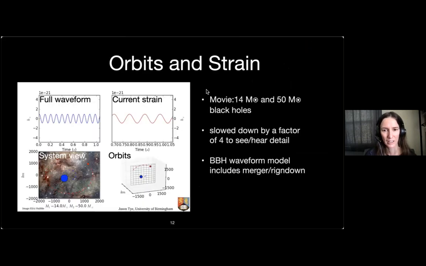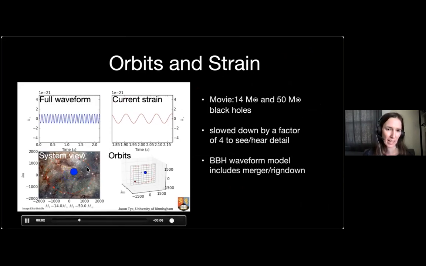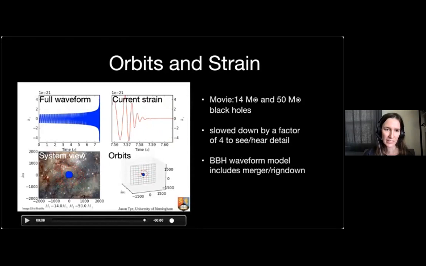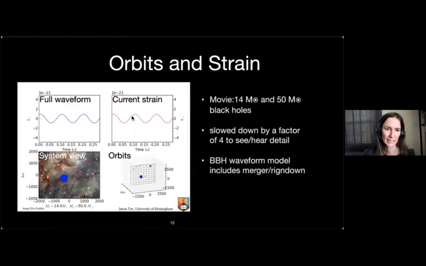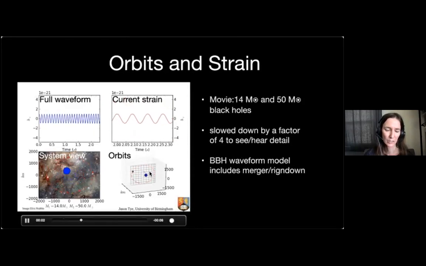Okay, so here's an example. Now that we have the strain connected to orbital properties, when we observe a system and record the strain as a function of time, the frequency of the gravitational wave strain is tracking the orbital frequency of the system involved.